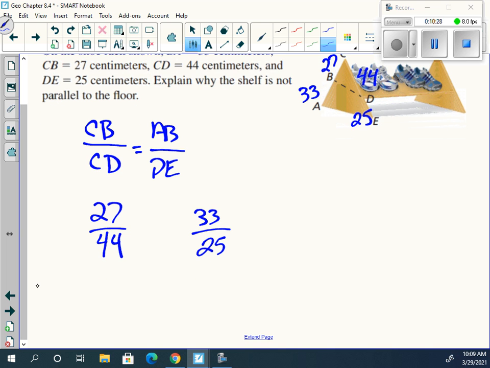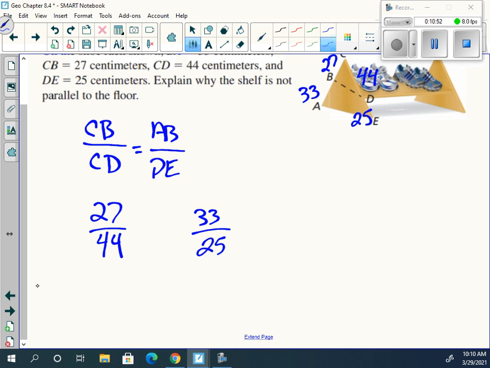Well, looking at these here, I have a feeling they're not going to be the same. Well, why would that be? Just by looking. There's 27 over 44. Is that going to be greater than 1?